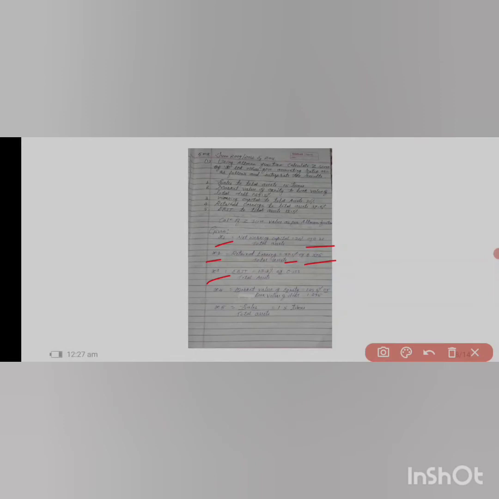X3 is 13.3% or 0.133, X4 is 129.5% or 1.295, X5 is 1.5. Don't convert this value, it is already given in times. Clear? So we just have to put all these values in the z-score function and we'll get the z-score value.